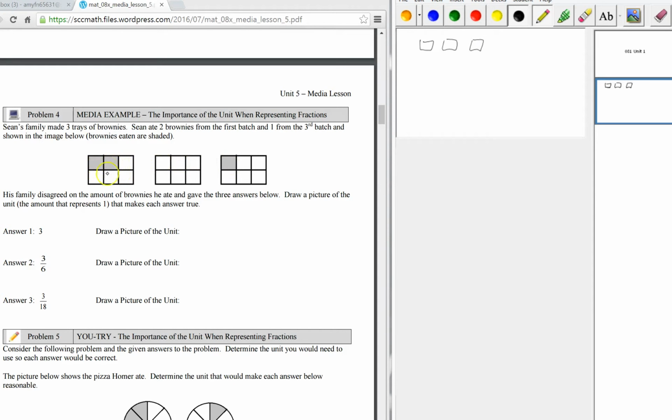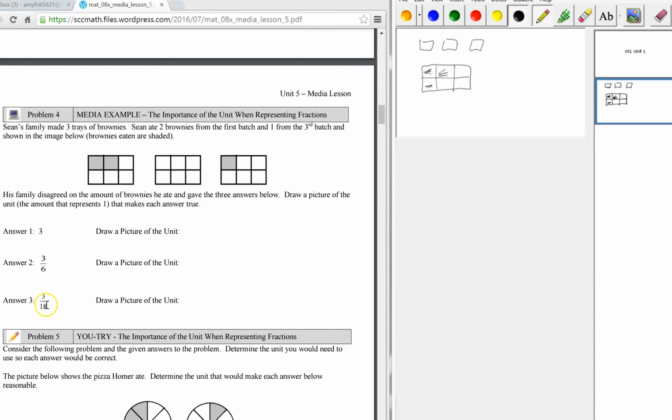So there's a tray of brownies, it's cut into 6 brownies, he had 3 brownies. A person can look at this and say he ate 3/6. So then the question is 3/6 what? Well, that person would be thinking of 1 tray of brownies as being the unit, and Sean ate 3/6 of a tray.